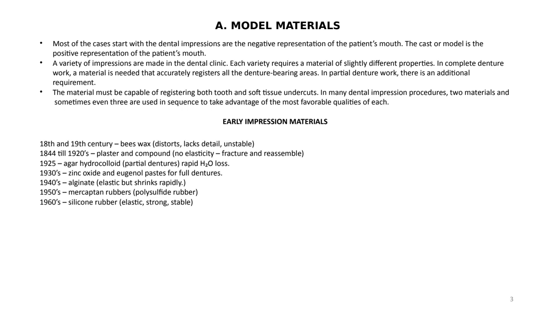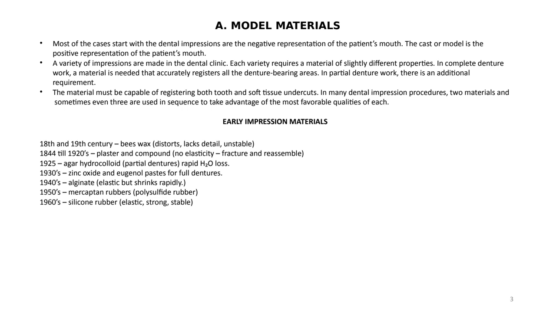It's a very good material for taking the opposing arch impression, or for preliminary work. But once it gets dry, it distorts very fast and it's not accurate anymore. So the alginate impression must be poured very fast. Once it arrives to the dental lab, it has to be disinfected and poured right away.